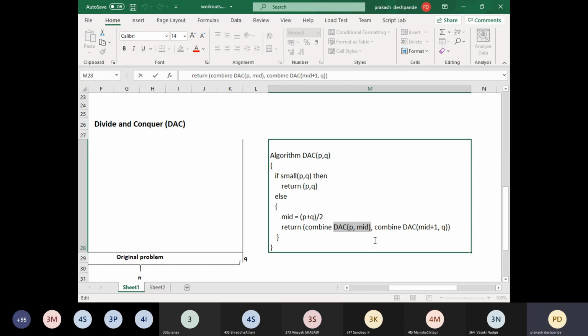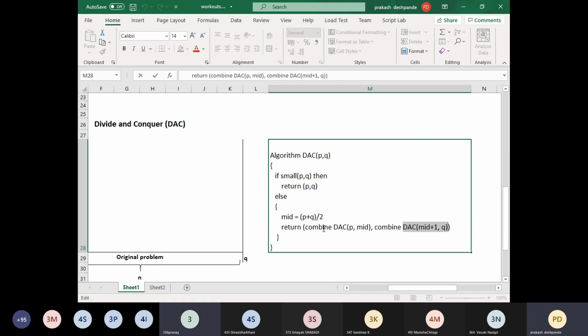On the other hand, with the other value we are once again calling the DAC. Is that a small problem? If yes, then retrieve that particular solution here. So what have we got now? We have got two solutions, solution 1 and solution 2.